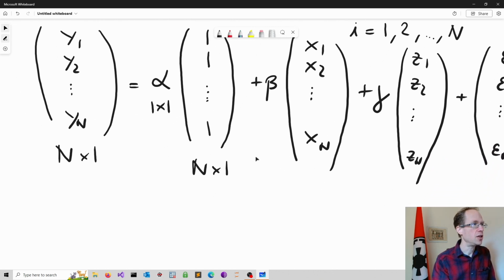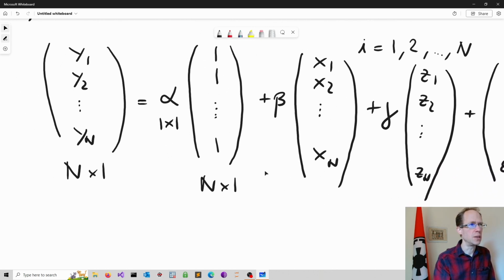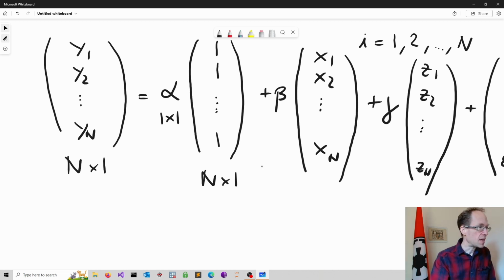And now we can introduce some notation to simplify our work. This column vector is simply written as y, and if you see this in a textbook, it's usually expressed in bold font. We can't really do bold properly on a whiteboard, so we just underline to indicate that this is actually a column vector with dimension n times 1.